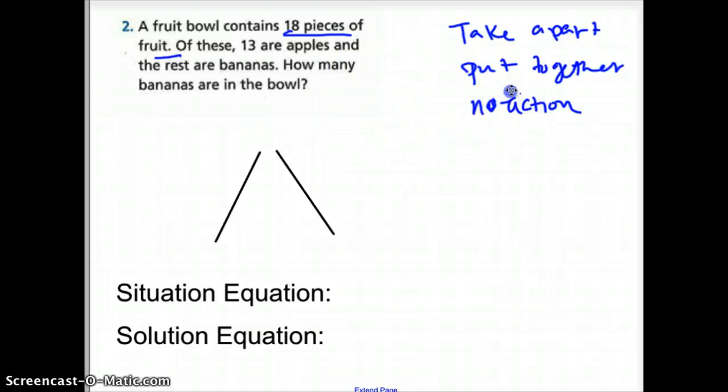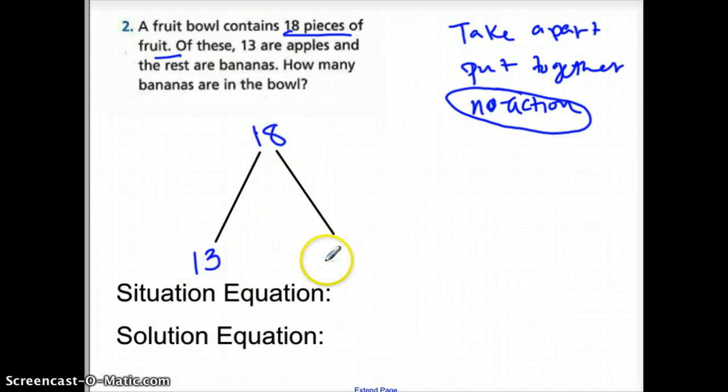This is going to be a no action problem because the fruit does not move. So this would be the fruit equals apples plus bananas. So I would have 18, 13, and then I would have bananas.